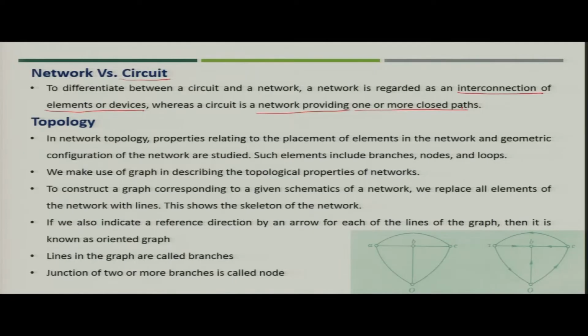So, network is the broader term, while a circuit is a network which provides one or more closed paths. The network is generally regarded as a more generic term, where the path can be open or closed, while in case of an electrical circuit we make sure that there is a closed path for current to flow.